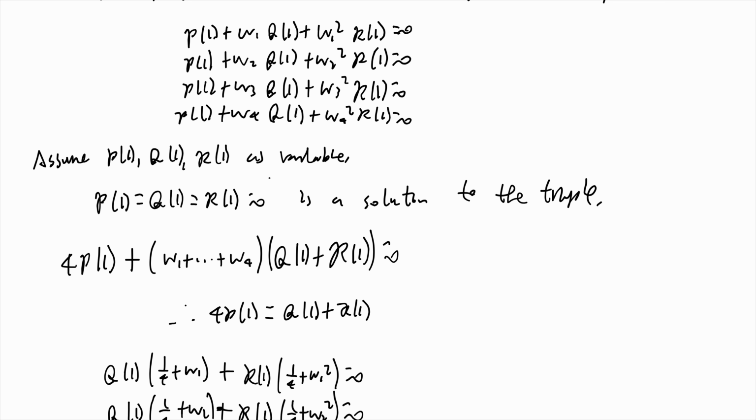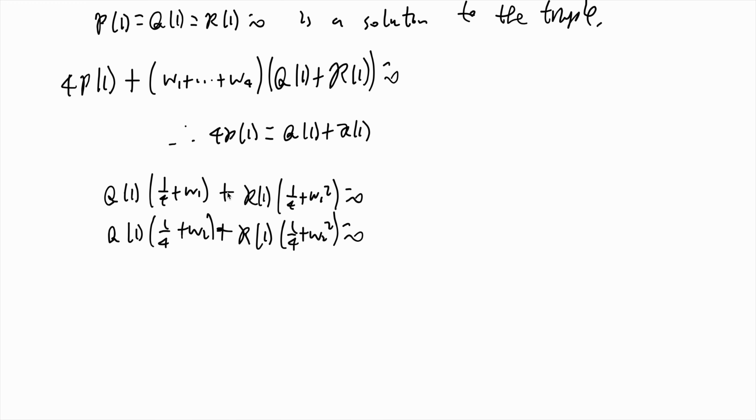Then why don't we think of it like this? Let's count the number of pairs of Q of 1, R of 1 here.